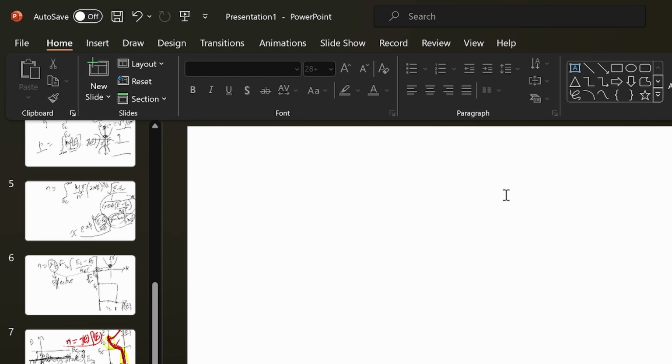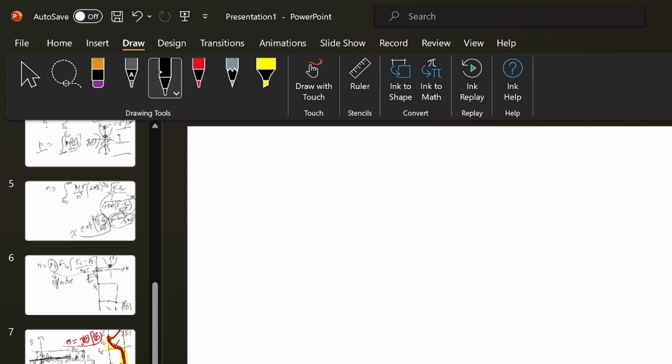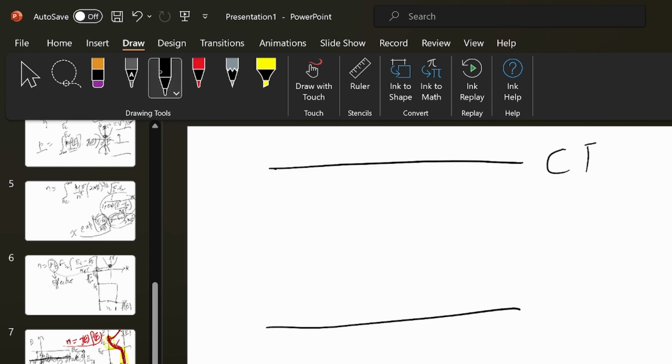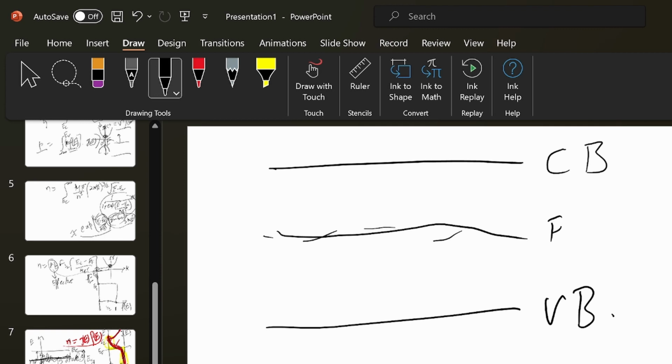And one more thing: whenever we calculate the number of electrons or number of holes, this is the conduction band, CB, and this is the valency band, and this is EI.